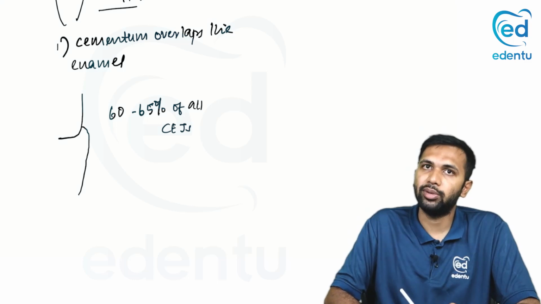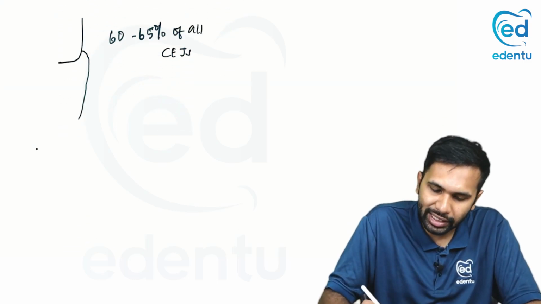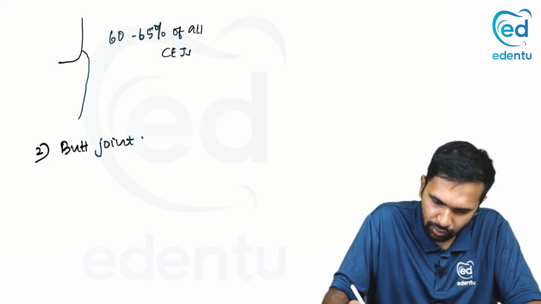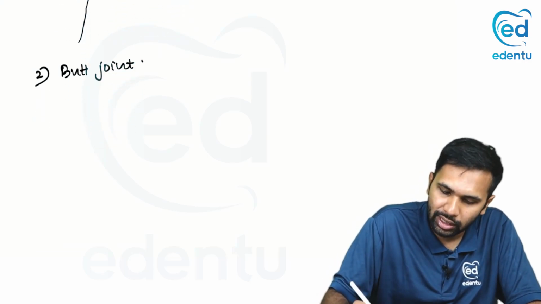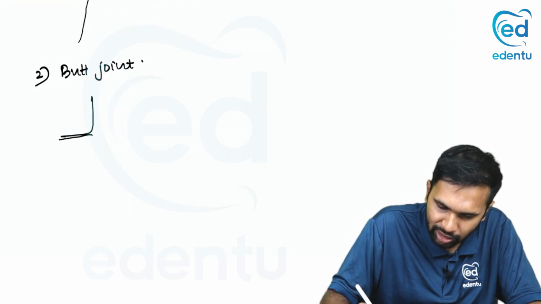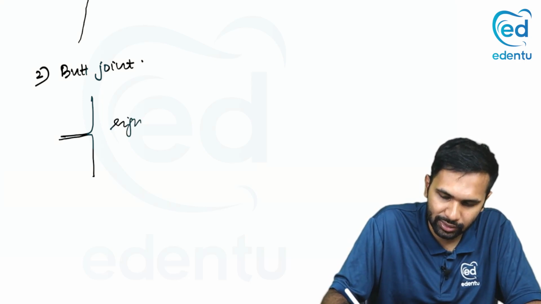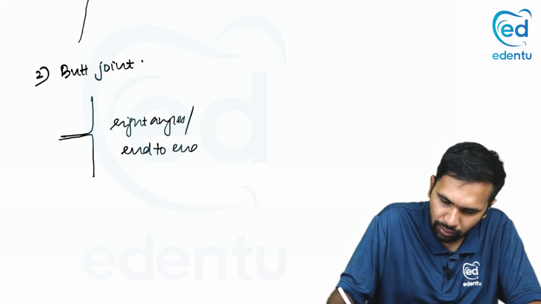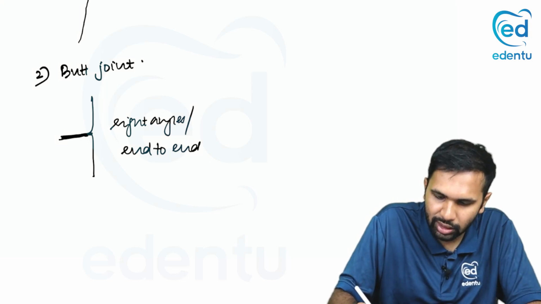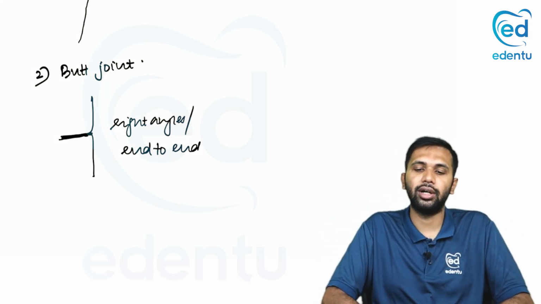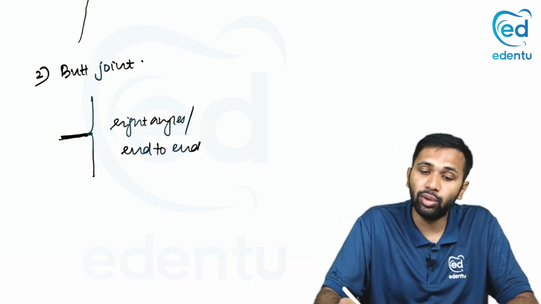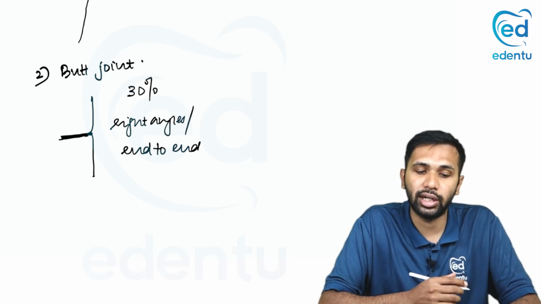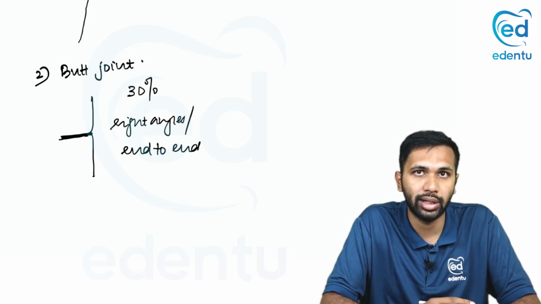The second type is your butt joint, when the enamel and the cementum meet at right angles, or end to end, like this. It is the second most common variety of cemento-enamel junction, and it accounts for around 30% of all the cemento-enamel junctions.